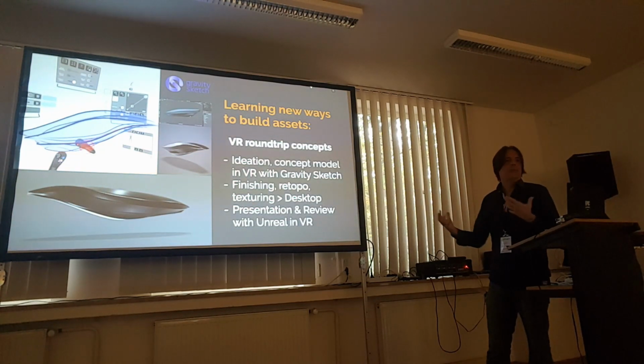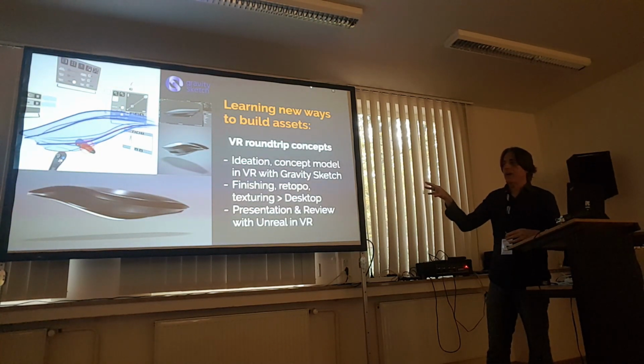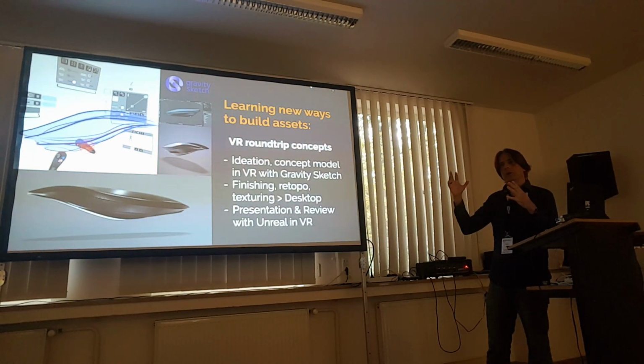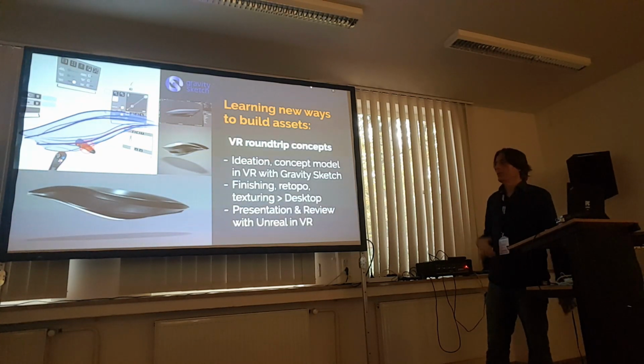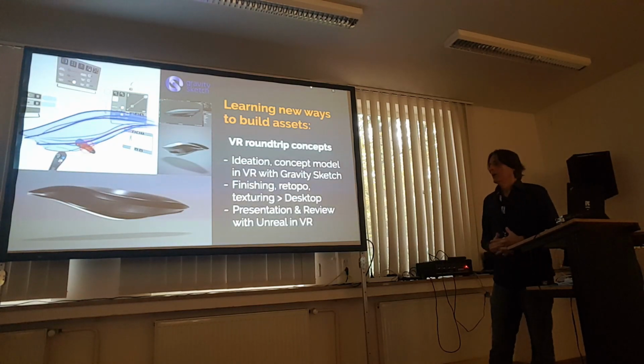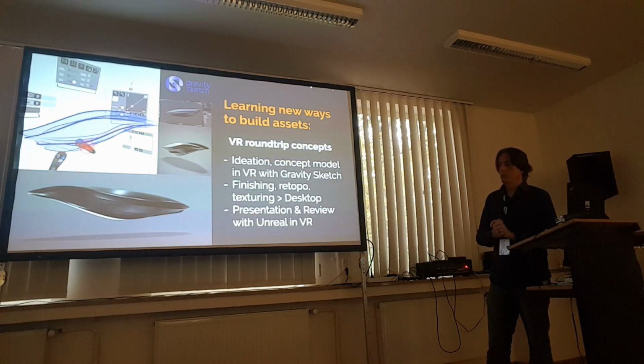You feel different if you sit somewhere else, and then you can do concept modeling and ideation using Gravity Sketch. Then if you have something that you like, finish it, retopo it, do the texturing on desktop, and later re-import it and finish it to present in Unreal for VR.